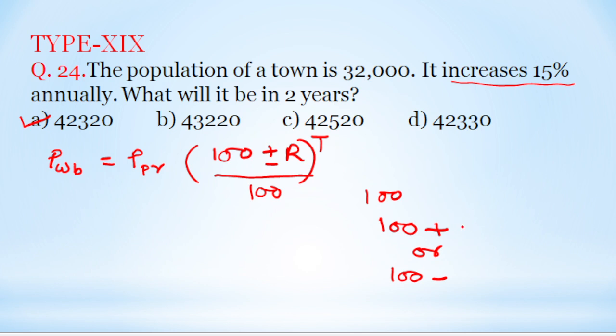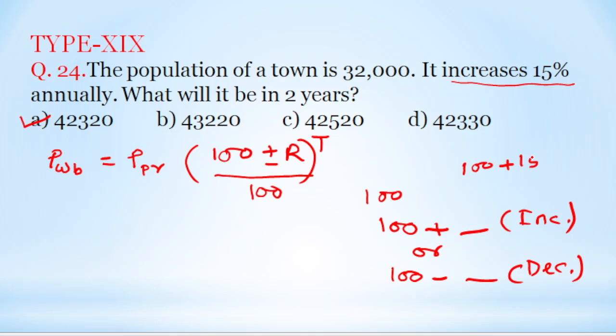So 100 plus the rate percentage here and 100 minus the rate percentage here. This is for increase and this is for decrease. Here in this question it increases 15% annually. That means the other value is 100 plus 15, that is equal to 115.